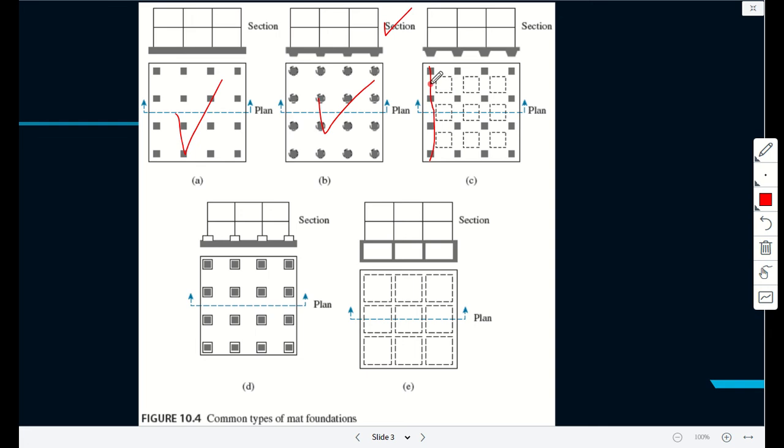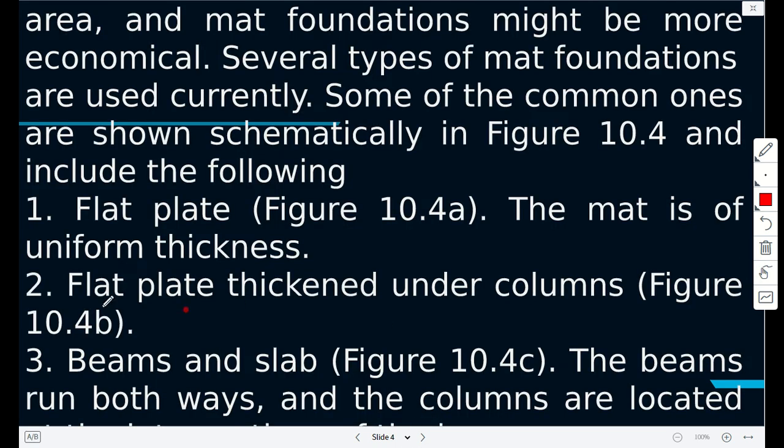You put beams as well, along both ways, to tie the structure. So this is what we are saying. That is for part 3. So beams and slabs, the beams run both ways and the columns are located.